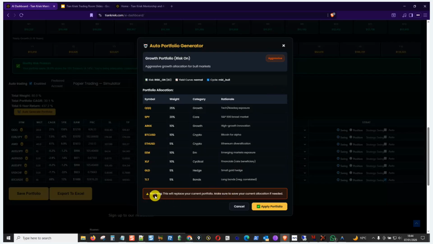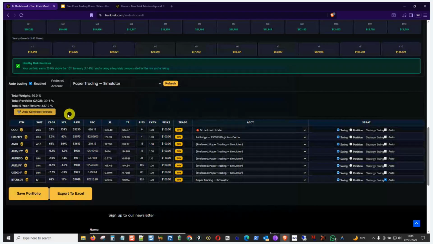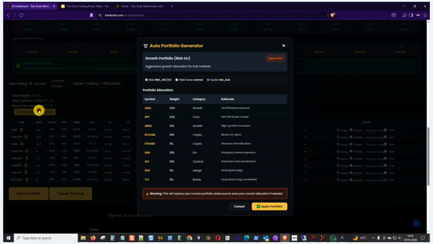But just make sure that you read everything before you click on apply portfolio, because it says here, warning, this will replace your current portfolio. Make sure to save your current portfolio allocation as needed. So you can export your current portfolio to Excel or save it before you use the auto generate.